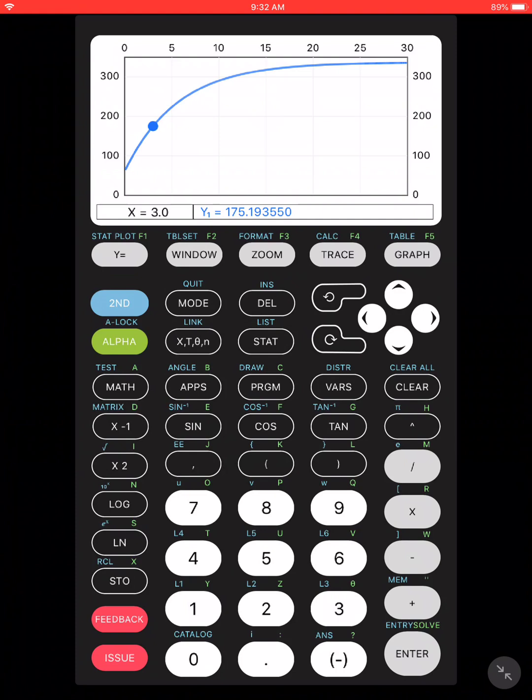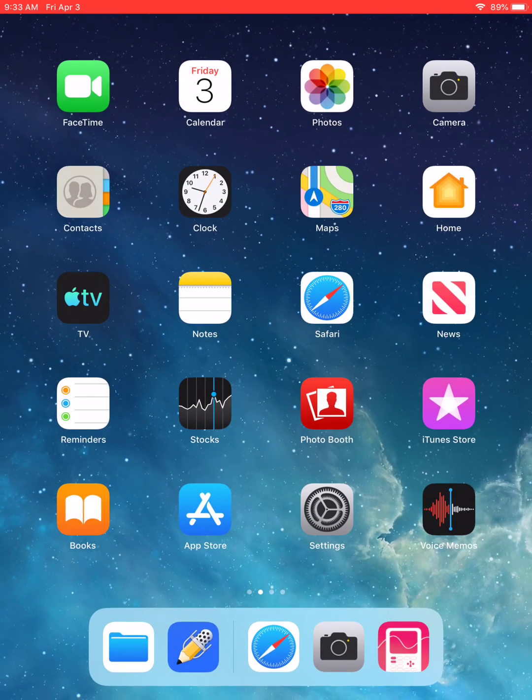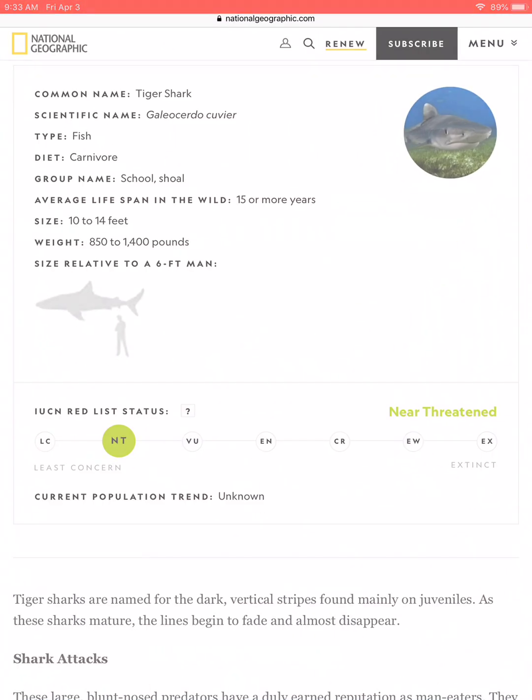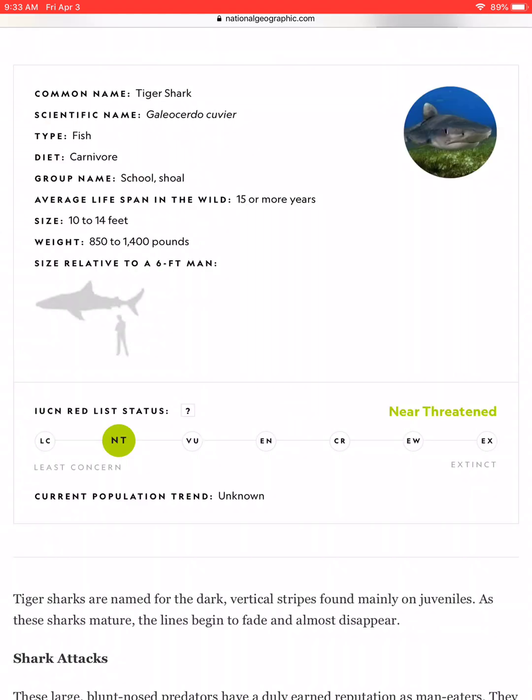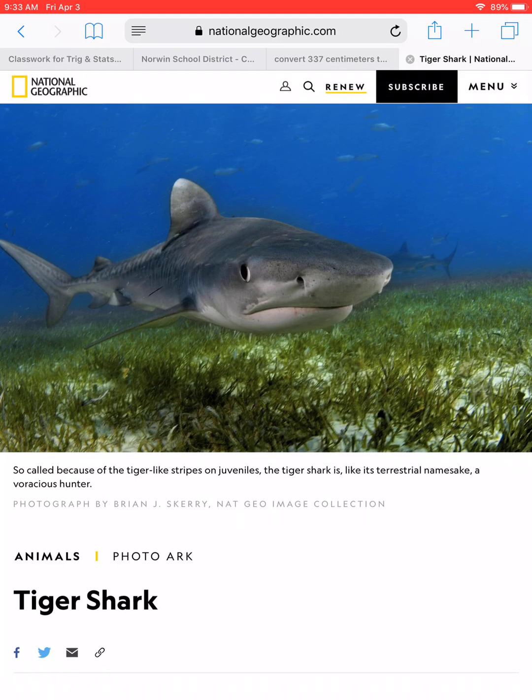Now this was all well and good, but it sparked my interest about tiger sharks, so I wanted to see if this was actually accurate. I went on to a website, National Geographic, and one of the things we can see towards the top is that it says the size is around 10 to 14 feet. The only problem is our problem was dealing with centimeters, so I had to convert.